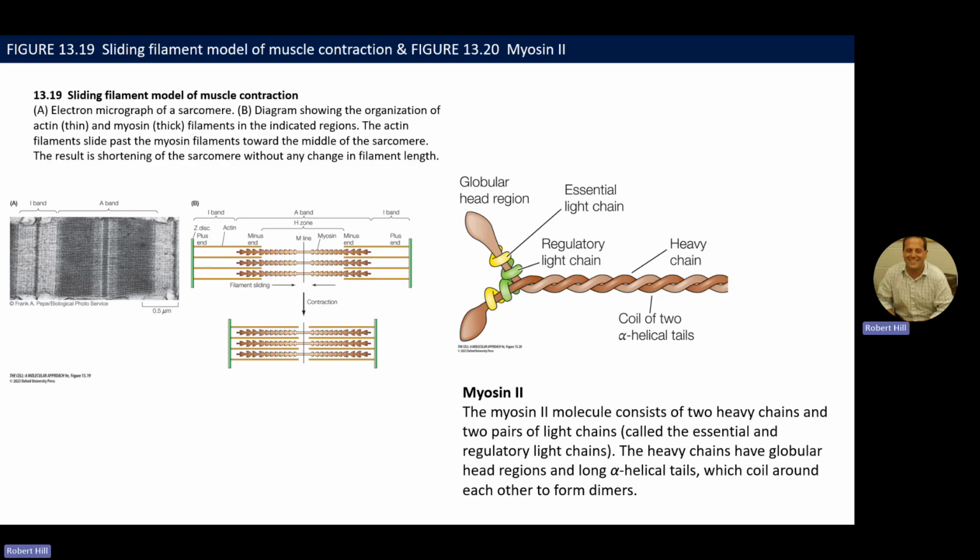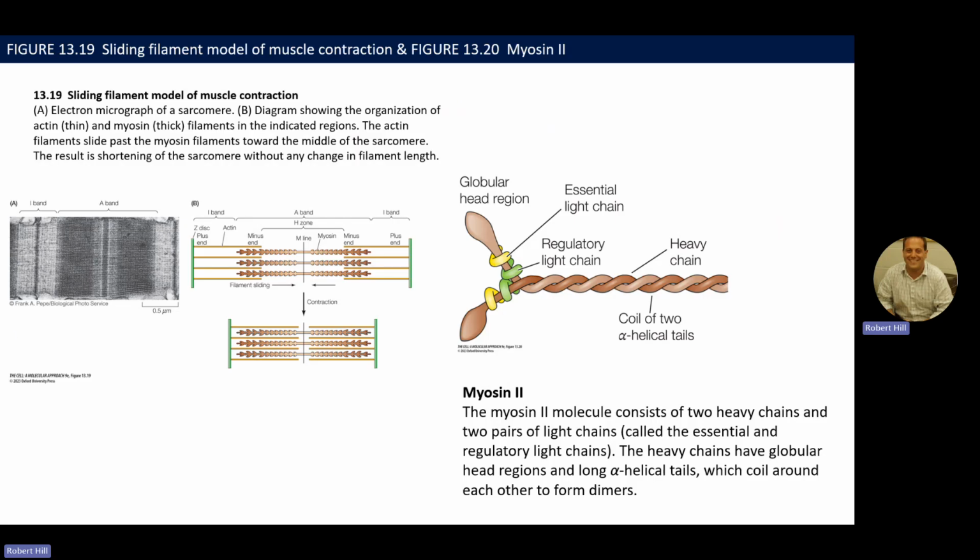All right, so here in this figure, we see the organization of filaments in a sarcomere and the structure of the myosin 2 molecule there on the right. All right, so you can see the electron micrograph shows the repeating sarcomeric pattern where the thin actin filaments anchor at the Z discs and the thicker myosin filaments are centered at the M line.